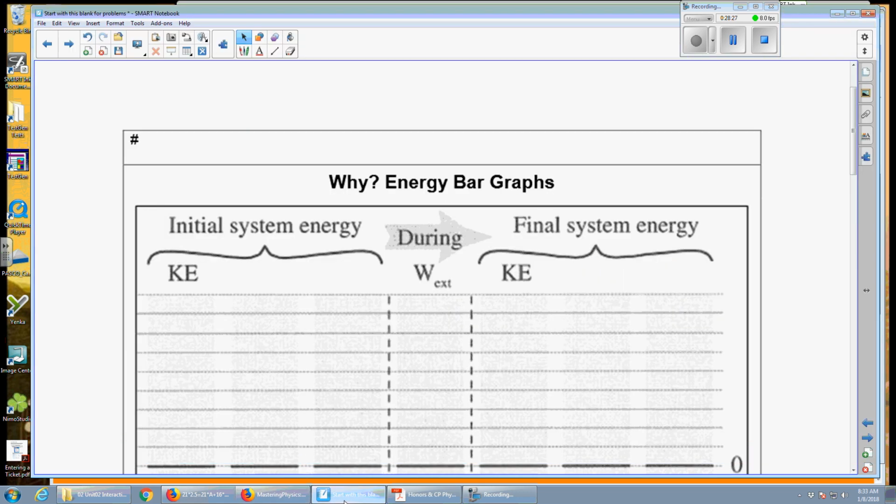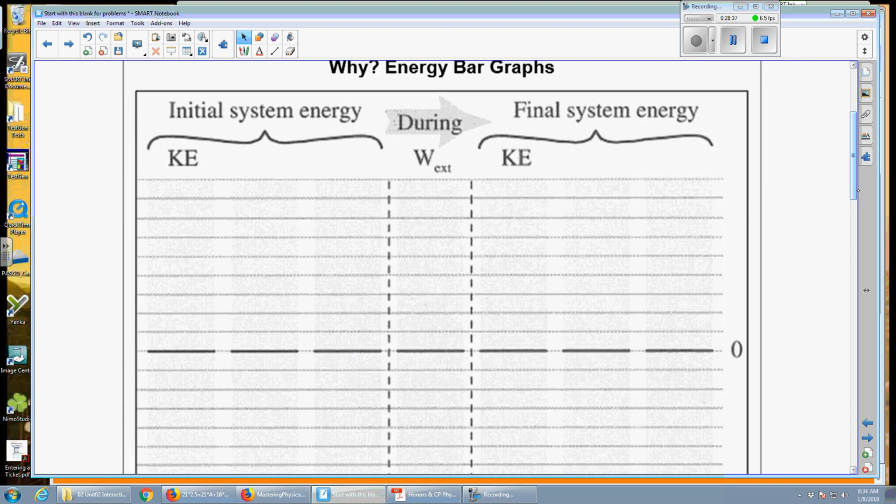So energy bar graphs on this one. I think I'm going to do 2 bar graphs on each one because I have 2 different masses, right? But we're going to have PE grav. And I'll do them in blue green.